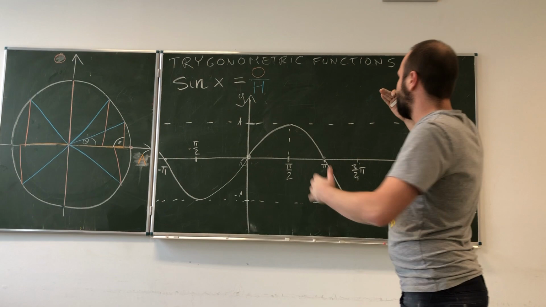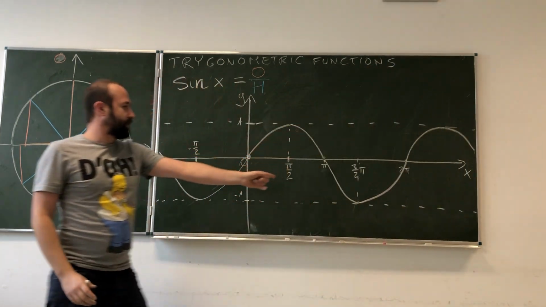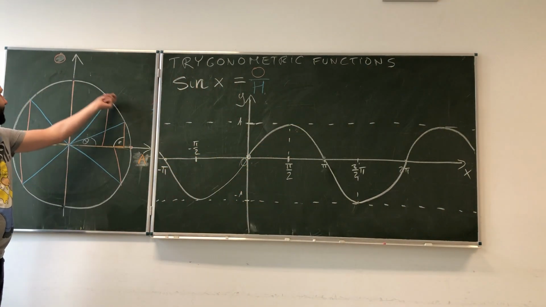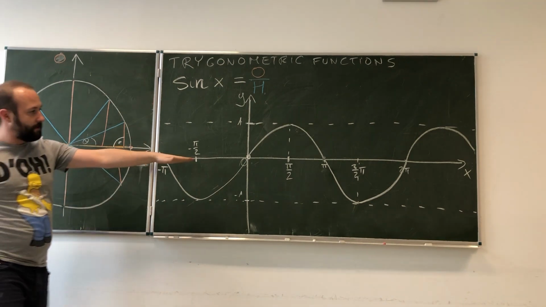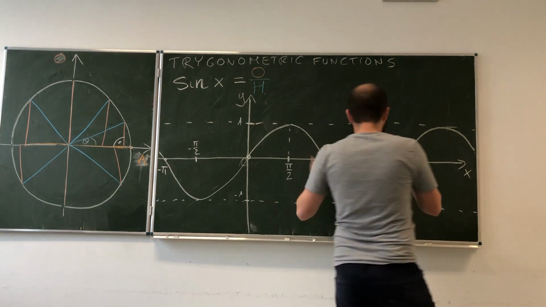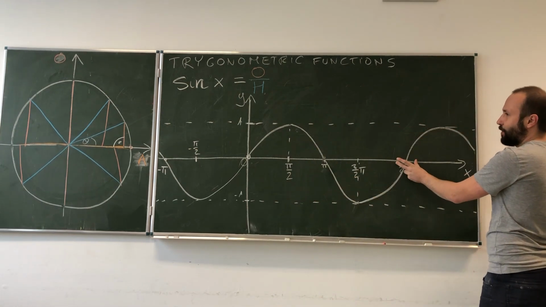Now, how can we think about this function? Look, the size of the domain, of course, can be divided into these parts equal to 2 pi.